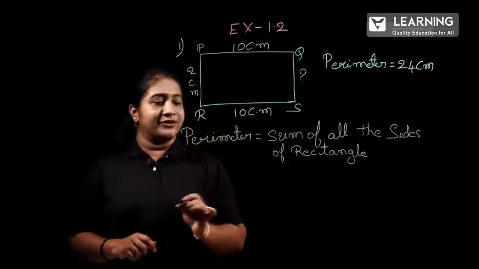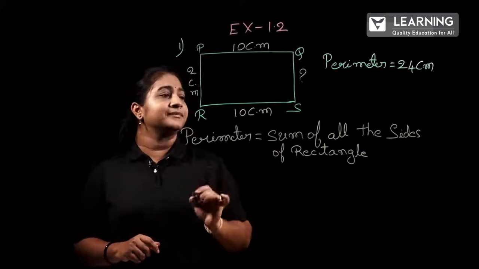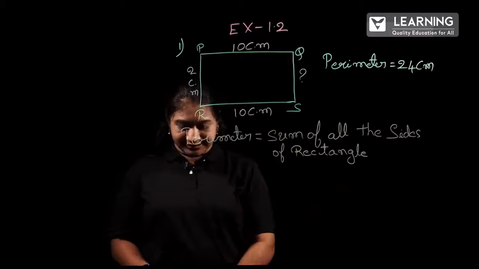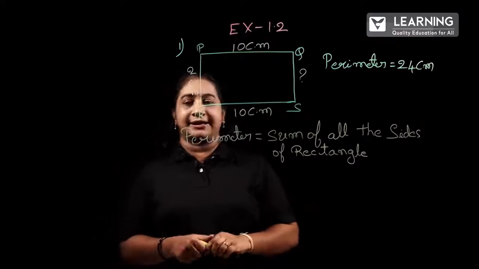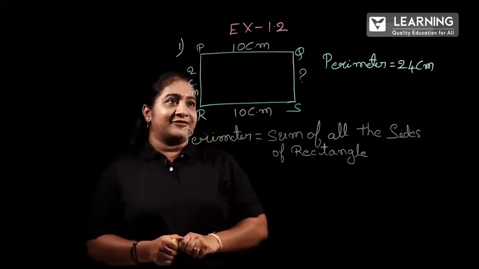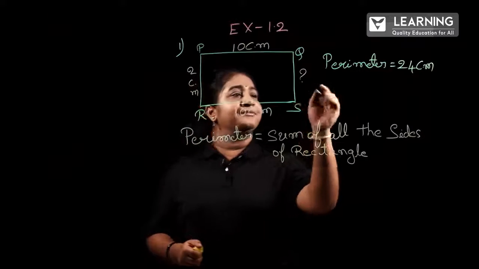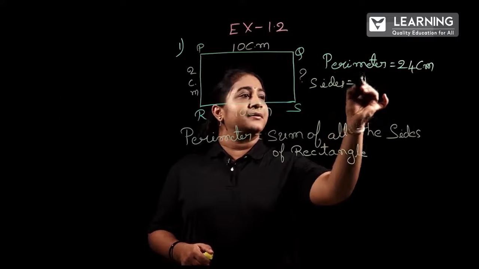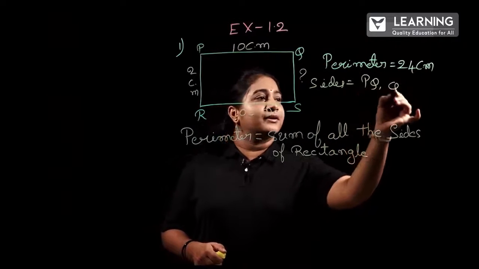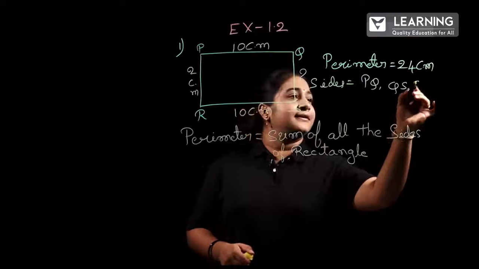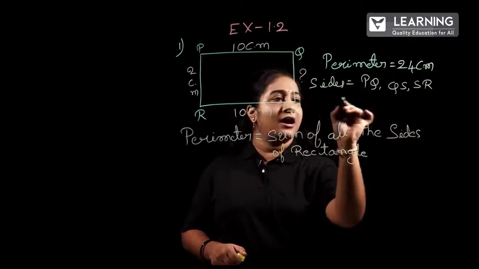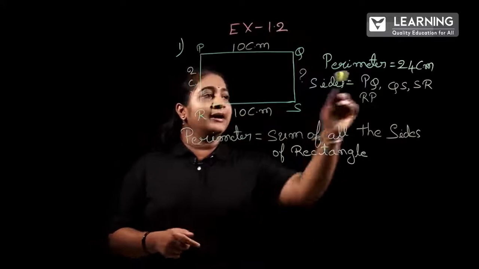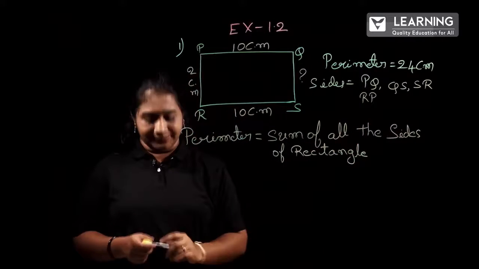Before that, first we will write the sides. What are the sides we are having in the rectangle? In this figure, we have the sides, that is PQ, QS, SR and RP, right? So, we have to add all the sides to find out the perimeter.